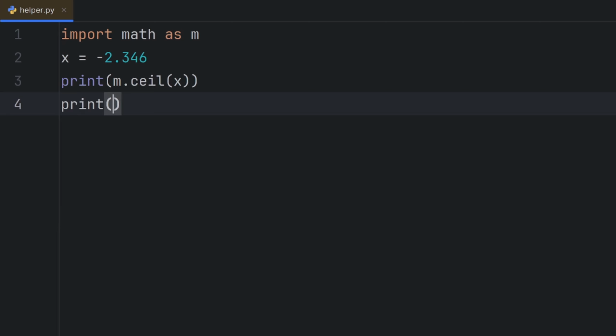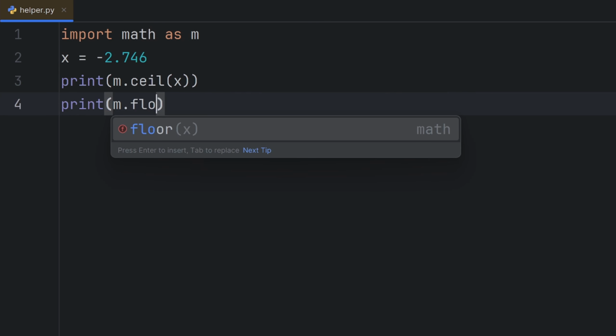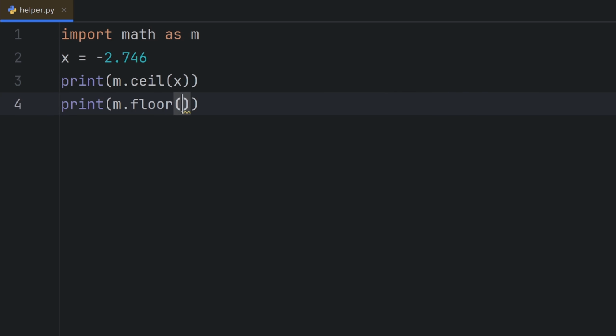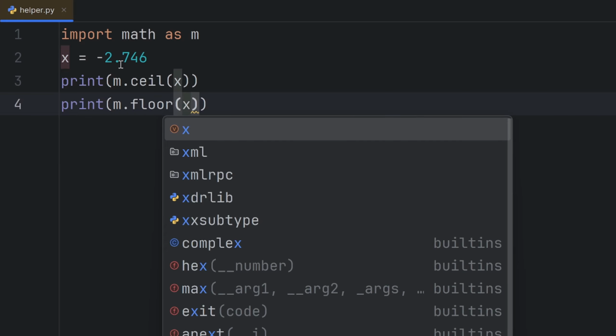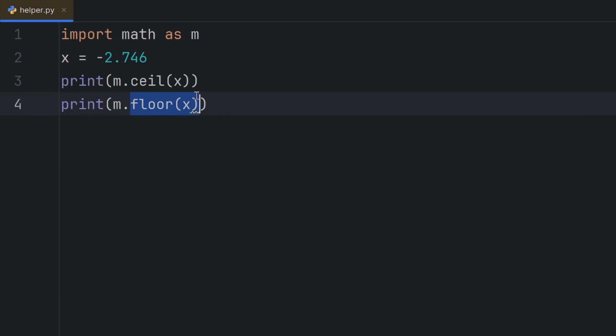But if I want to round this to a lower number, for example, in this case, minus 3, even if I write here minus 2.7, this m.floor function would still round this number to minus 3. This always rounds the number to the smaller.